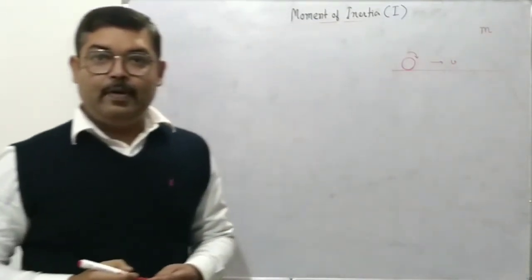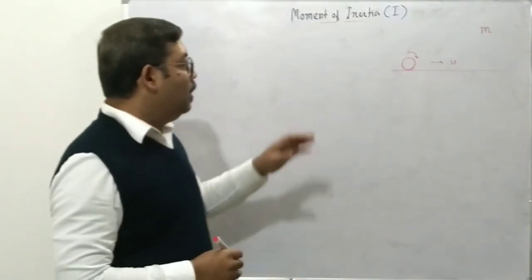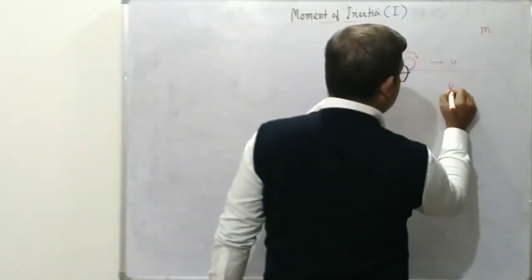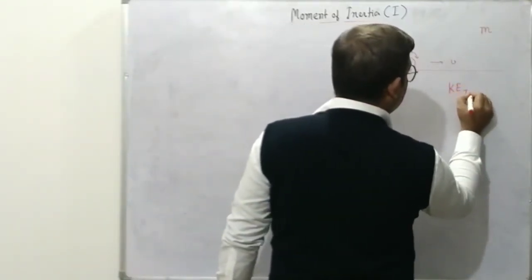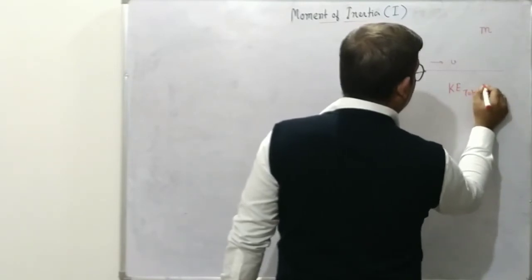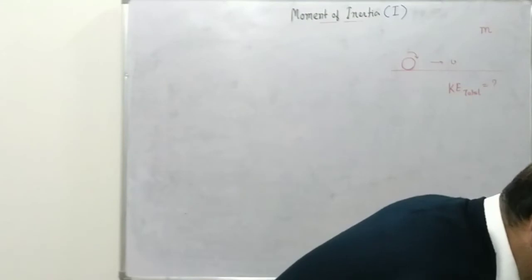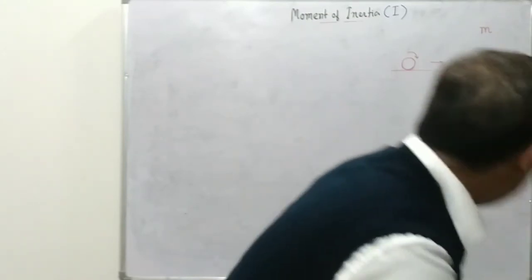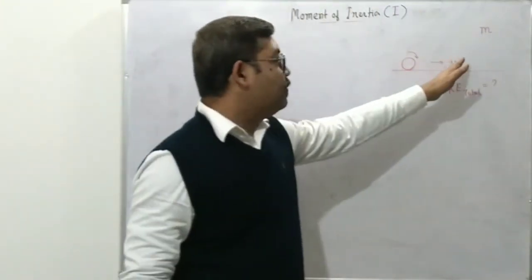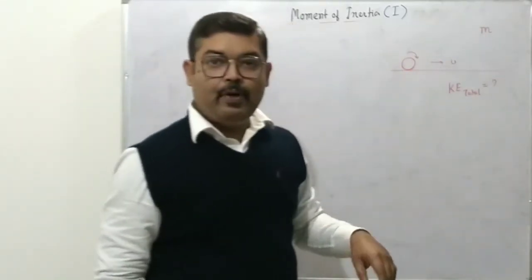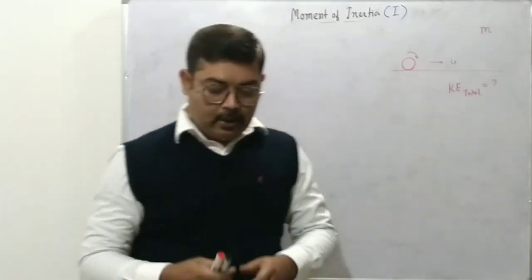Linear velocity is given as v. We need to find the total kinetic energy. So the disc is rolling with certain angular velocity and its translational velocity is v, its mass is given to be m, and we are to find the total kinetic energy of the body.